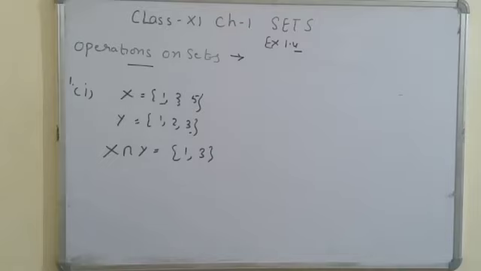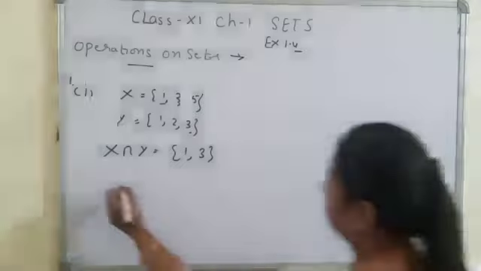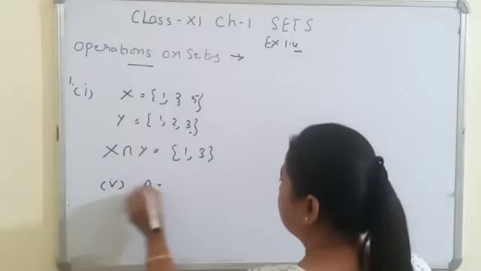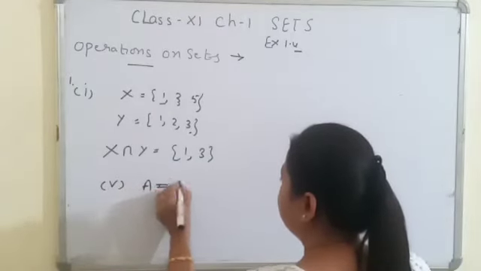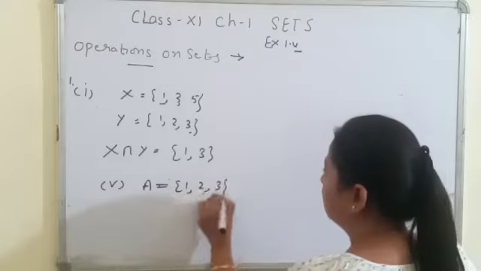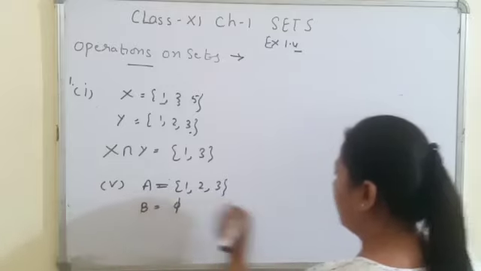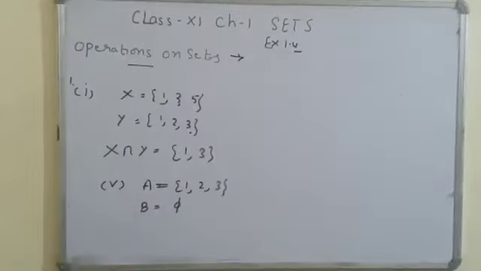Similarly, next is part fifth. In part 5 you can see A is 1, 2, 3 and set B has only one element, that is 5.